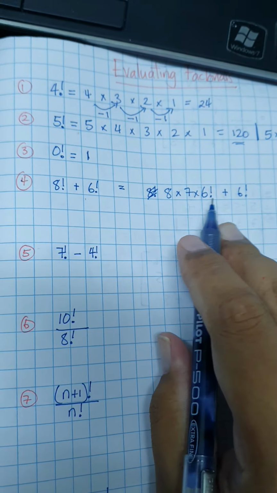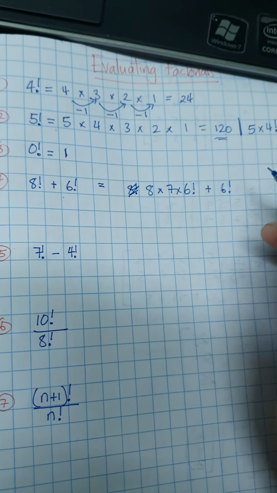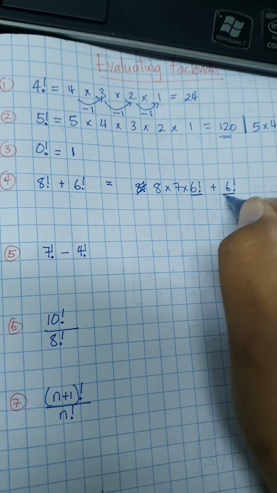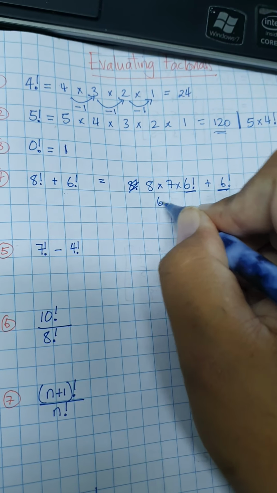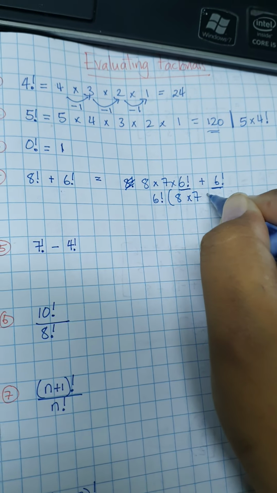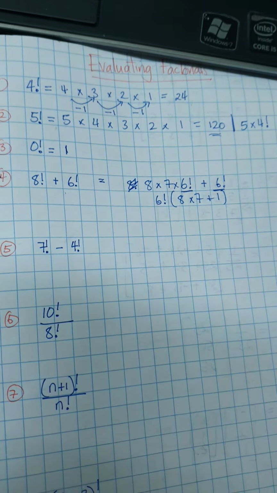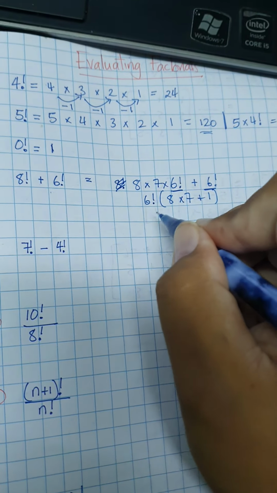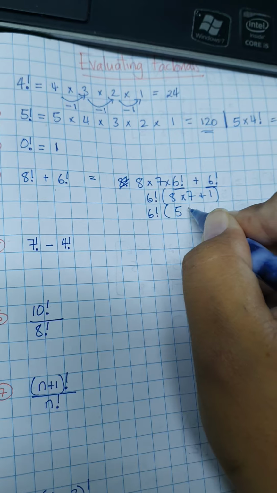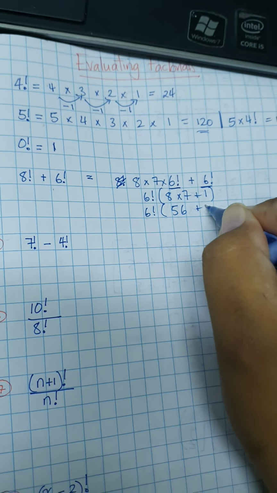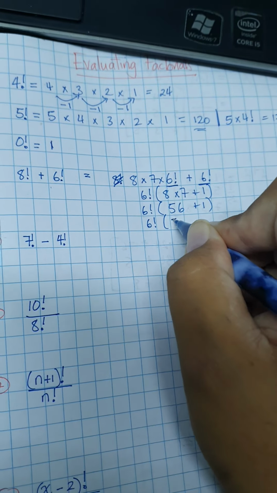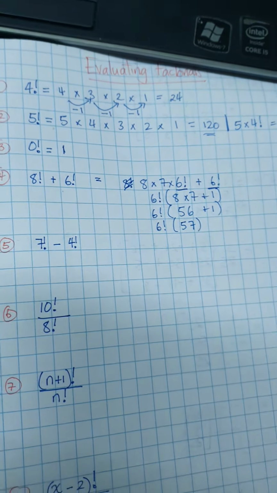Now you can see there is a common factor of 6 factorial. If I factorize it, I have 6 factorial times (8 times 7 plus 1). 8 times 7 is 56, plus 1, so your answer is 6 factorial times 57.